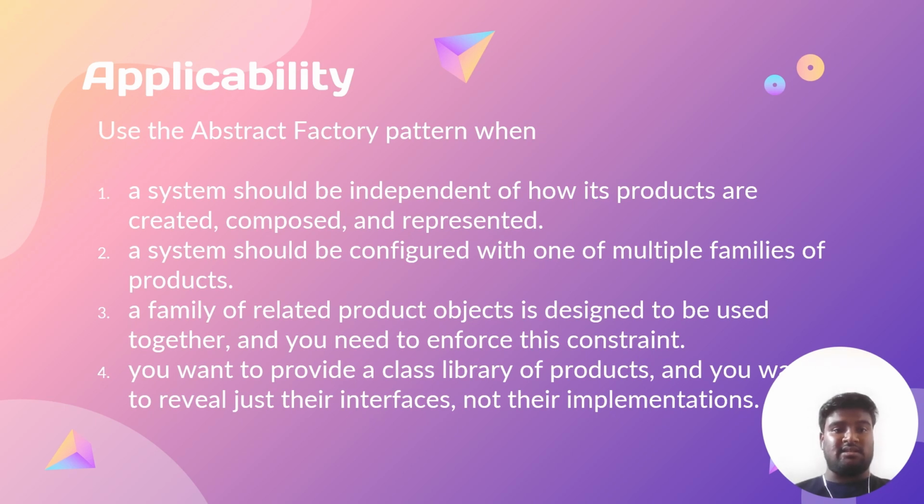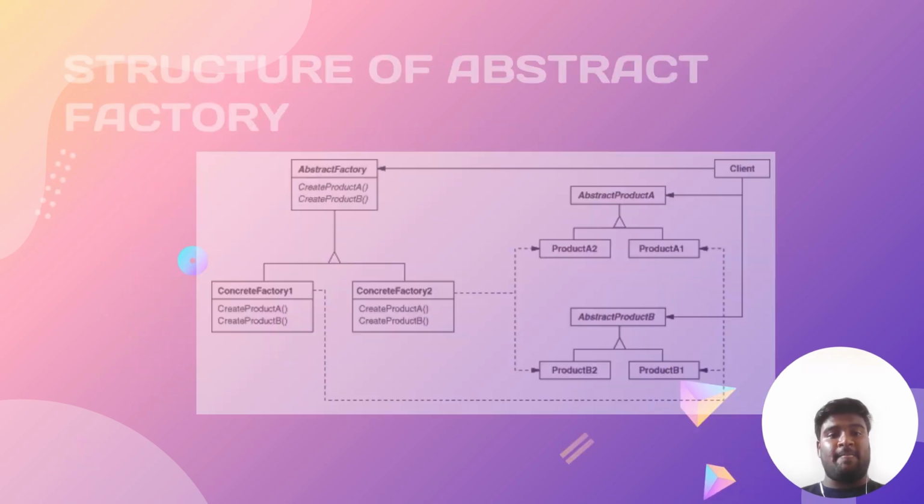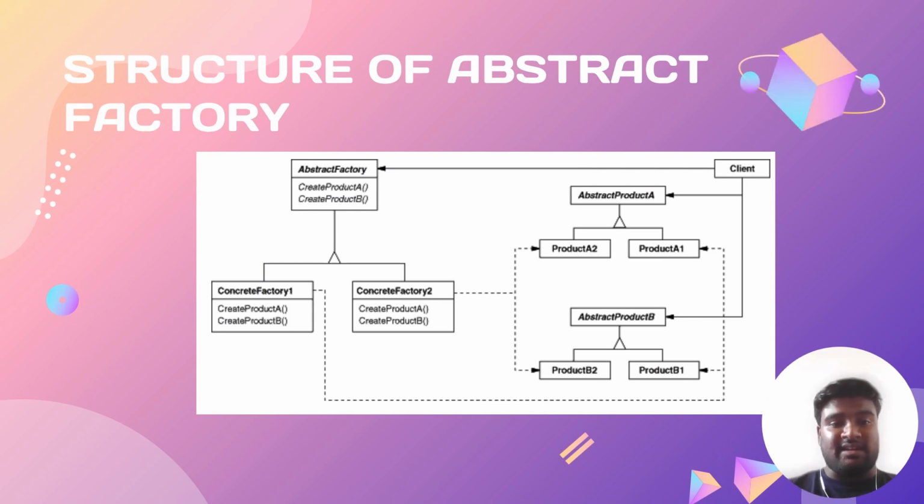Next, the structure of the abstract factory. This is what we have already told in the motivation, the same structure. We can modify the factory. We can modify the two factories here and the products of the factories.